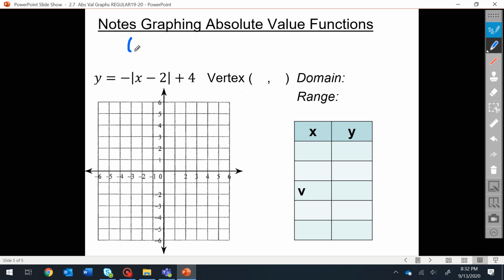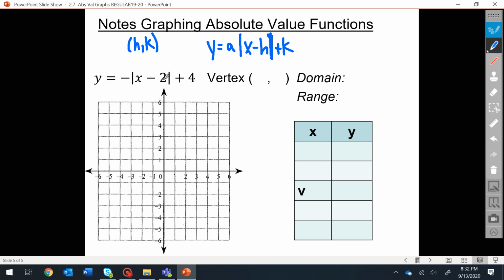So remember, the vertex is h comma k. So h in this case is 2. Remember, if we know the equation of the parent function, it's y equals a absolute value of x minus h plus k. So in this case, h would be 2, because it's x minus 2, so h is 2.